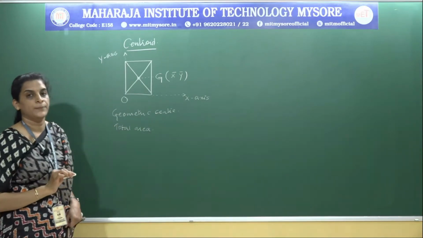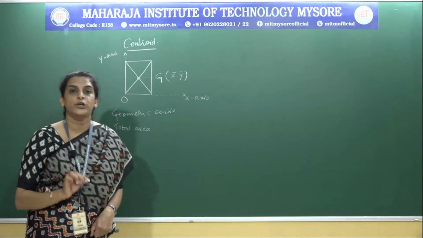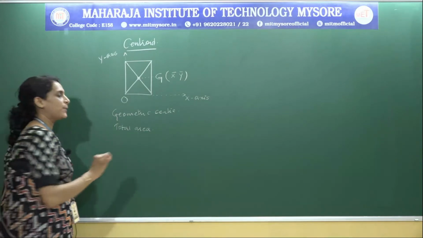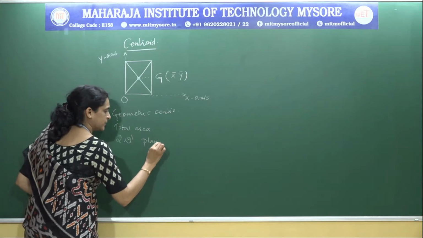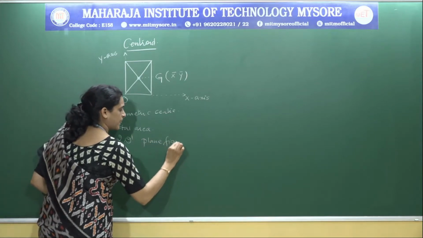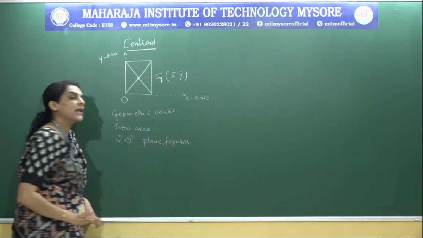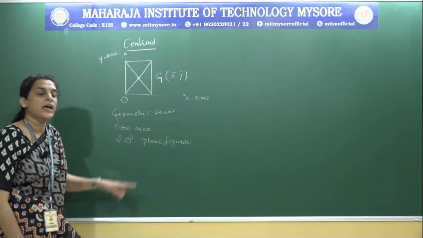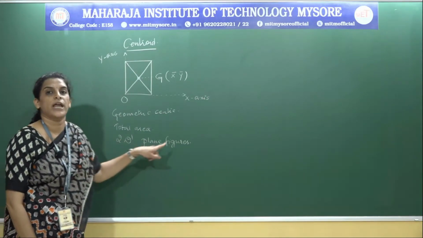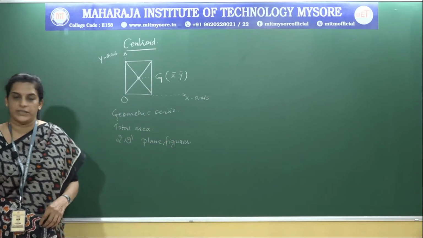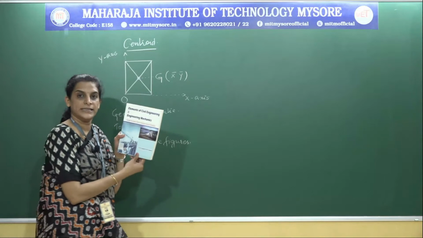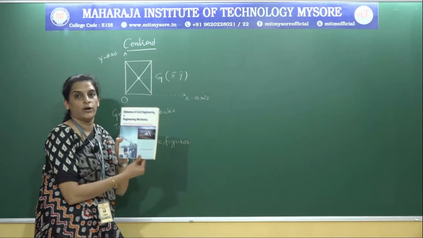Very specifically, we locate centroid for two-dimensional plane figures. Let us understand first why we consider it for two-dimensional figures. Let us take an example. Here is a solid body.